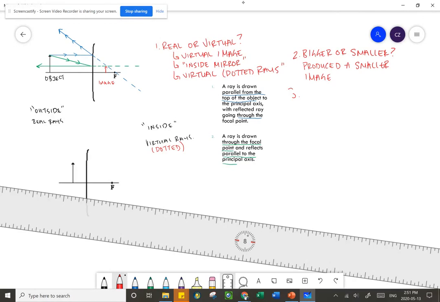The third thing that you may be asked is, is it upright or upside down? Well, we can see the top of the image is still above that principal axis. The image is always going to go back down to the principal axis. Okay, so we can see this image was upright. It's not upside down.